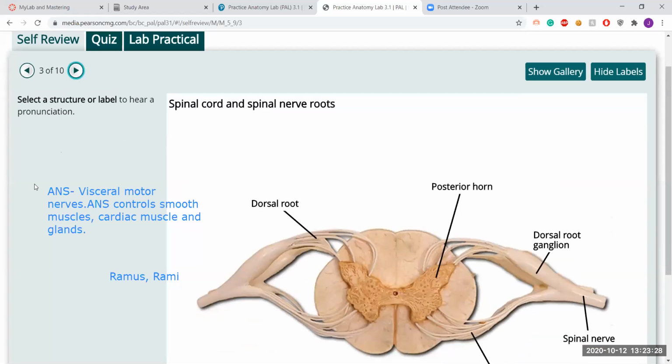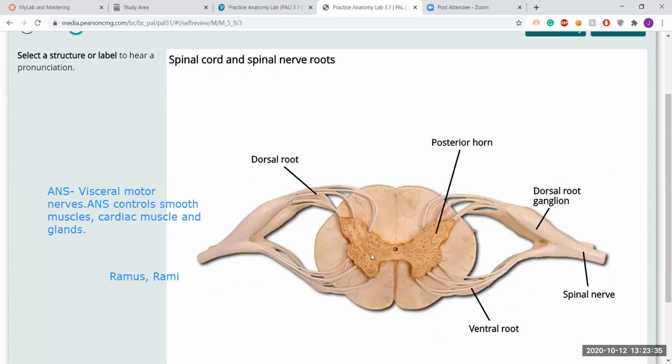Okay. Earlier I was talking about ramus and rami. So this is a spinal cord. Outside is the white matter and inside the gray matter. So posterior horn contains the cell bodies of sensory neurons.